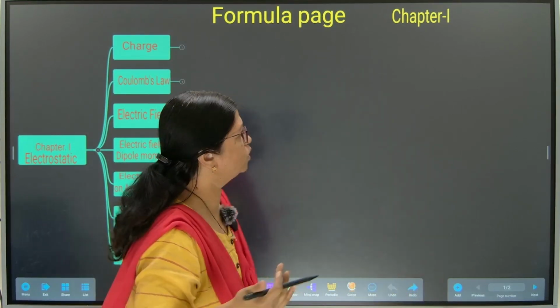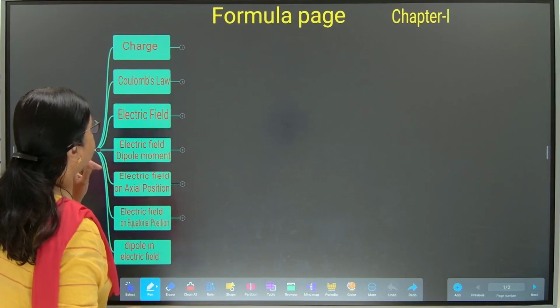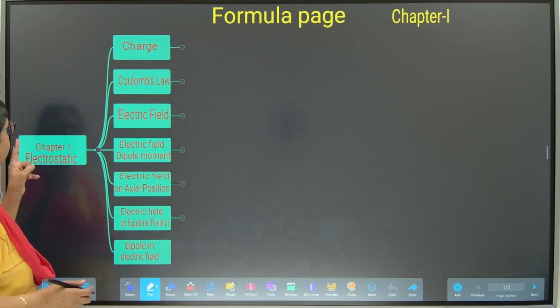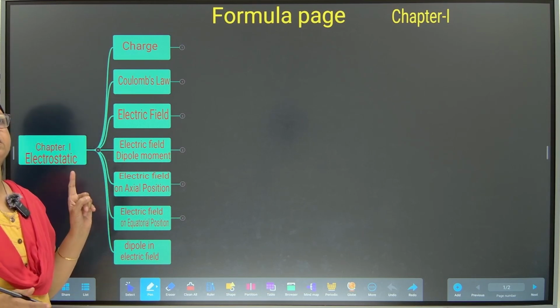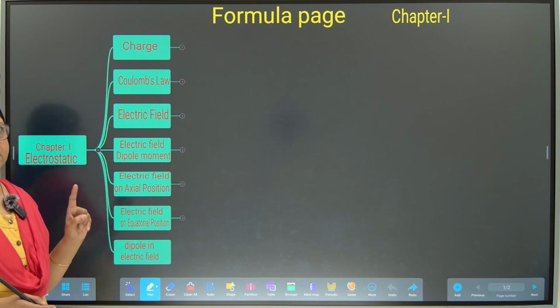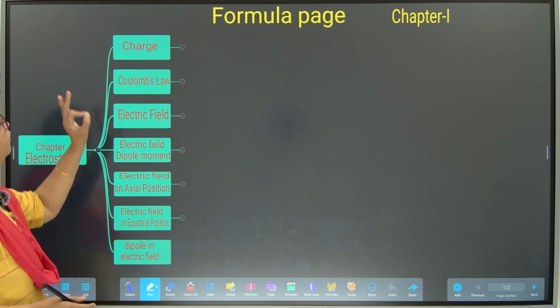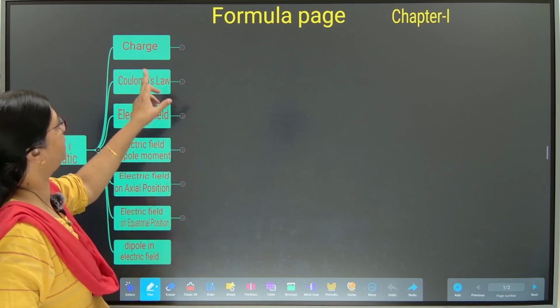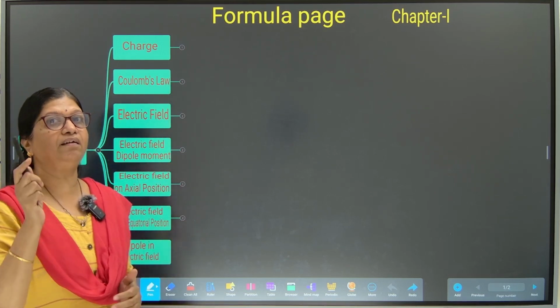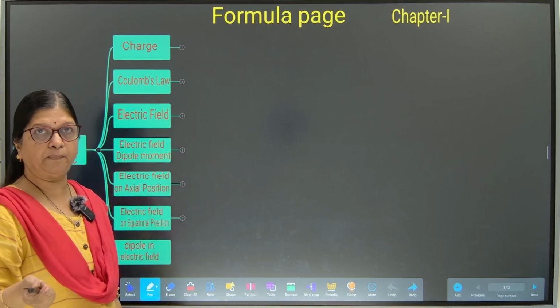Fine? Okay, so now let us start with the beginning of the chapter, where the name of the chapter is Part 1 Electrostatics, which is electric field and charges. Fine? Okay, so now first of all in the chapter we have the very first formula, that is charge. We had learned how to charge a body.